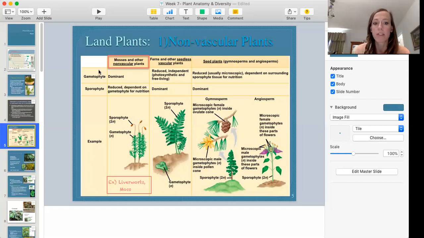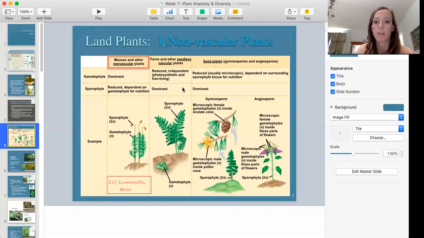So things have kind of swapped as we've moved up in the evolutionary process, whereas the gametophyte used to be the dominant in our lower plant groups. The gametophyte used to be the dominant, and the sporophyte was actually dependent on the gametophyte for survival.